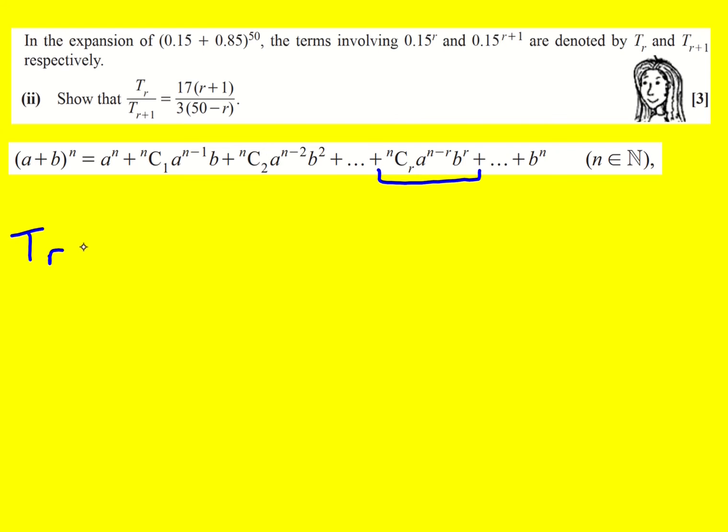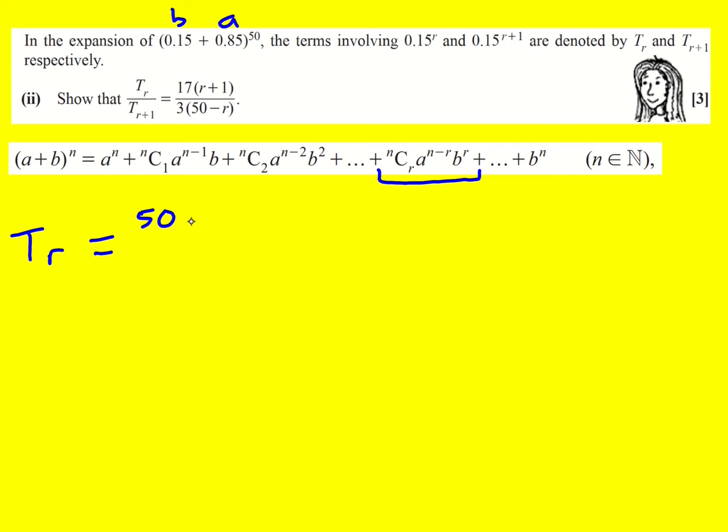So T_r is going to be N choose R, so it's going to be 50. Do you know what? I'm going to swap it around. This is just the way this formula is written, because it's got B to the R. Why don't I say that this is B and this is A? That just makes it more logical when I now apply this formula.